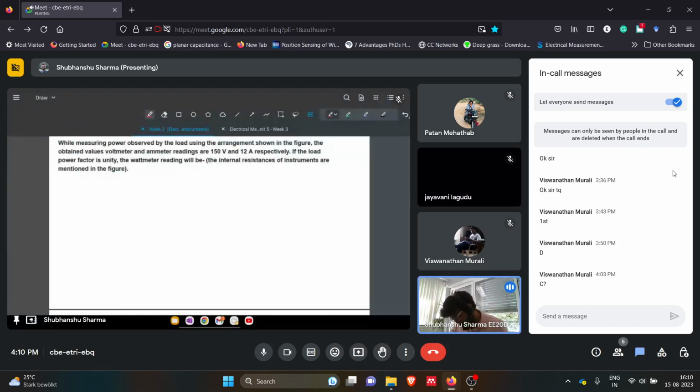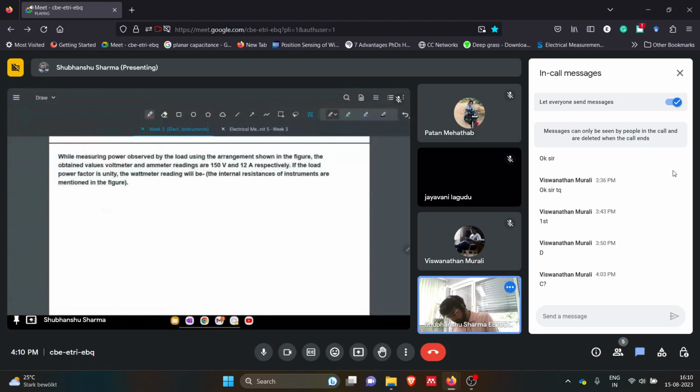I think I'll have to make the circuit for this. So we have something like this. We have one ammeter here, one voltmeter here, and a load here.